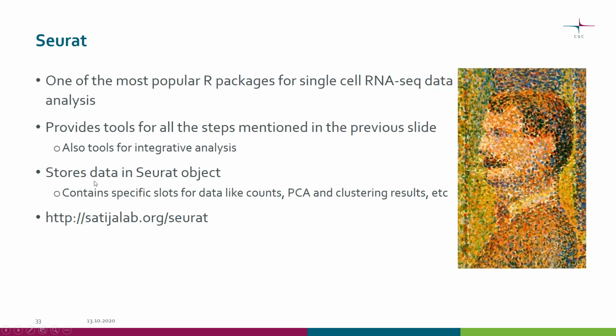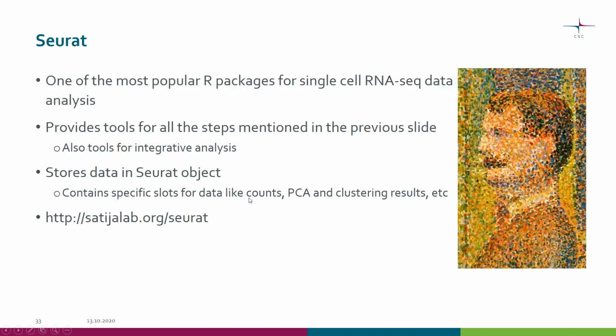When you are using Seurat, it actually stores the information in a Seurat object, so it's an R object, which is just a specific data structure that has lots of different slots for different types of data. So there is a slot for counts, a slot for PCA results, slots for clustering results, and so on and so on.